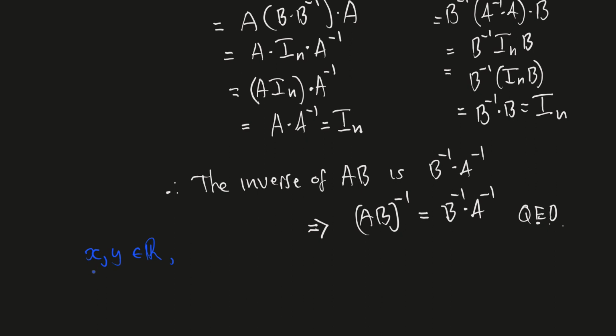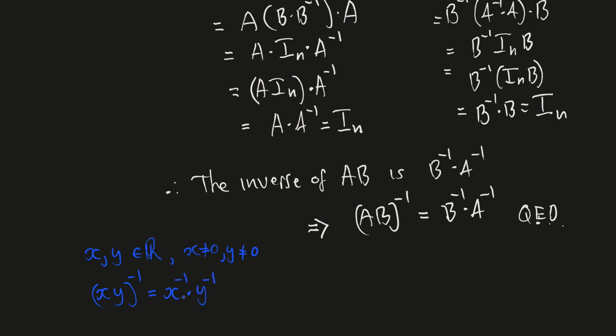You just have to make sure that the number isn't 0. So if we say that x is not equal to 0 and y is not equal to 0, then you might remember this property of exponents that says if you have the product of two numbers and you're trying to take the reciprocal of these, it's the same as doing this.